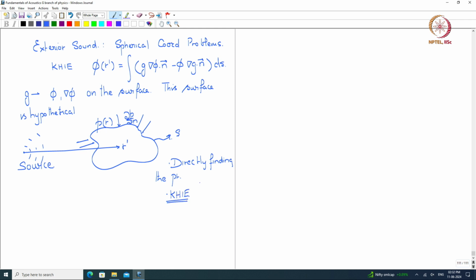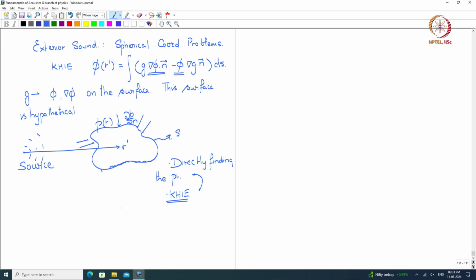Then both these answers will be the same. So what this says is that this surface can be just a notional surface on which you find the two bits of information, del phi dot n and phi. Okay. So we will take a simple example to prove that.